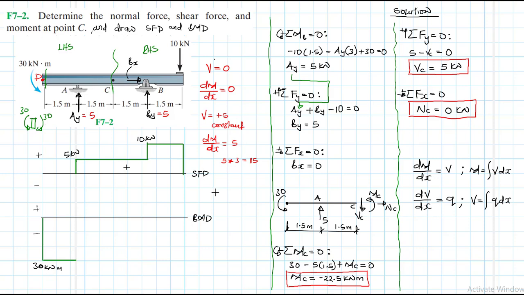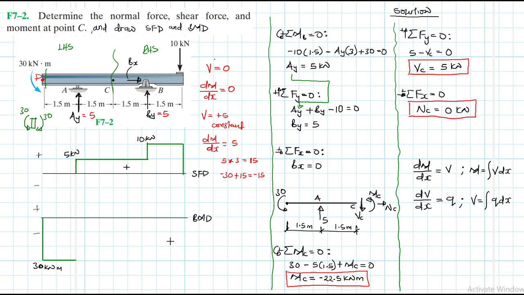So we have a 15 from A to B, but mind you, we have a 30 there, and this 30 is negative, then the other one is positive, so we'll have minus 30 plus 15. What does this give us? This gives us a minus 15.